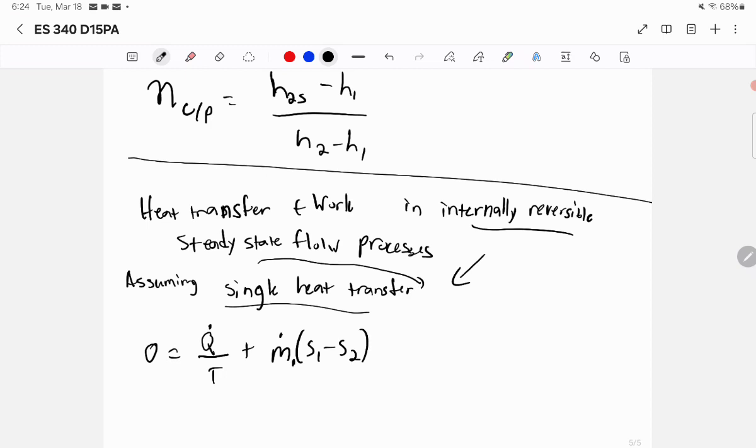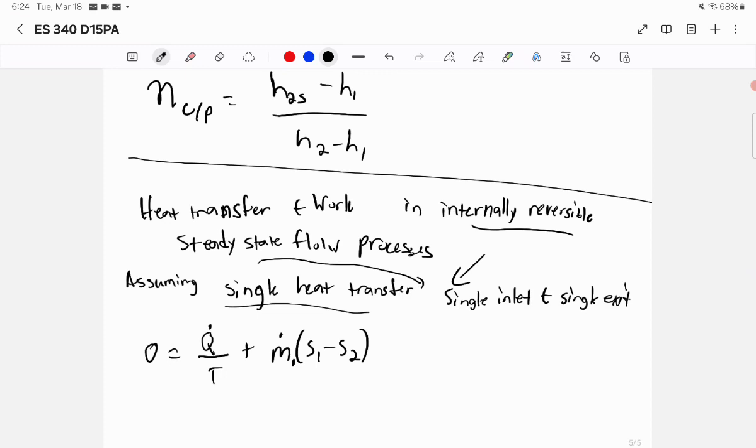m1 dot, we'll call it. Could be m2 dot, right? This is a single inlet and single exit as well, the formulation here. But it's equal to this because that sigma term, if it's internally reversible, is 0. Remember, sigma is the strength of the internal irreversibilities.